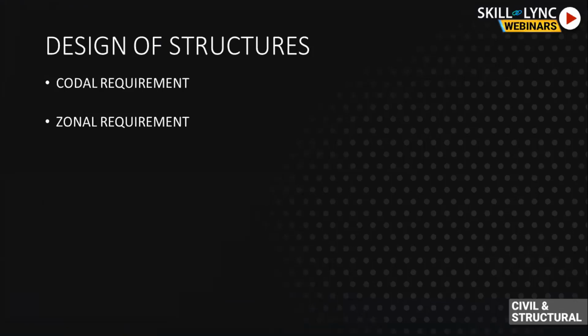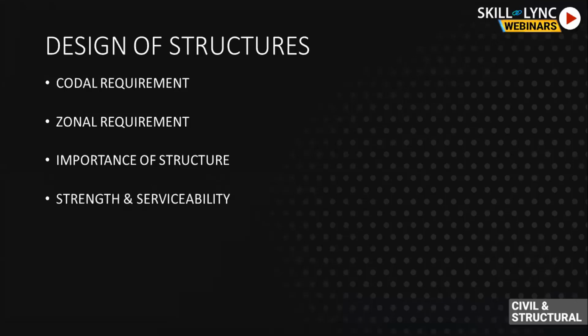Based on that, you will be able to decide the loads. Regarding the structure, you will see that many clients define each and every structure with an importance factor. If it is not defined by the client, then it will be decided by the codes. In codes, we get different kinds of groups for this importance of structure. So based on these requirements, we design the structure.